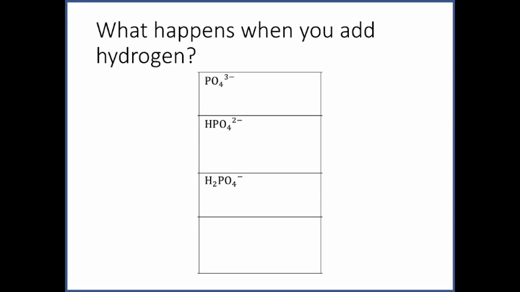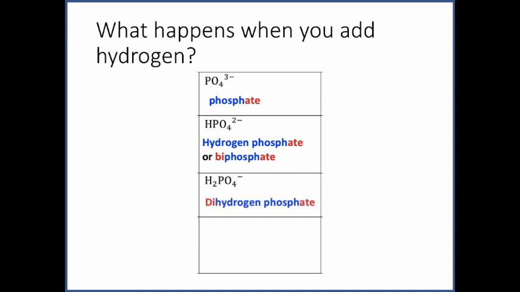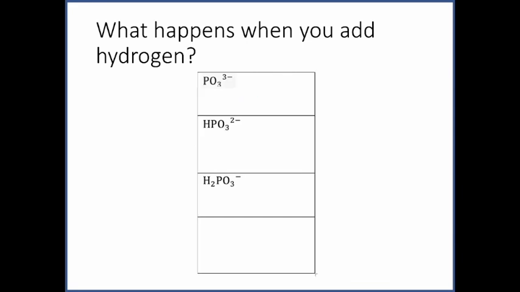In the top row we have phosphate, and when we add a hydrogen to it, we get hydrogen phosphate, also called biphosphate. Now what happens if we add another hydrogen? This is called dihydrogen phosphate. Di means two.